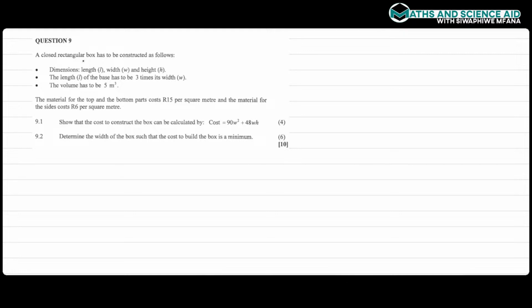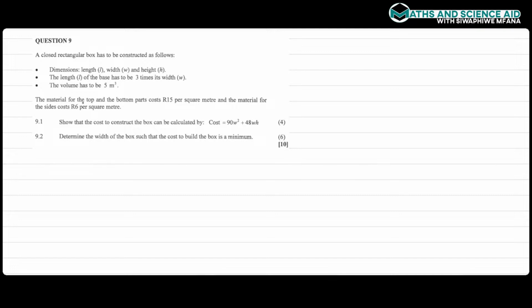So we've got a closed rectangular box. A closed rectangular box has to be constructed as follows. Here are the dimensions of this rectangular box. The length of the base has to be 3 times its width. The volume has to be 5 cubic meters.